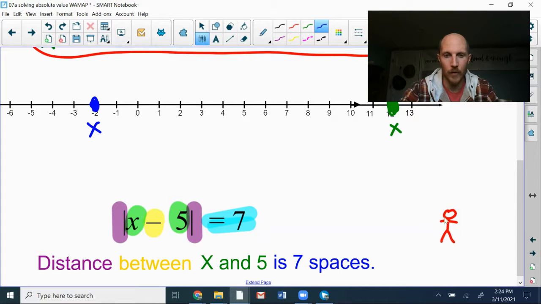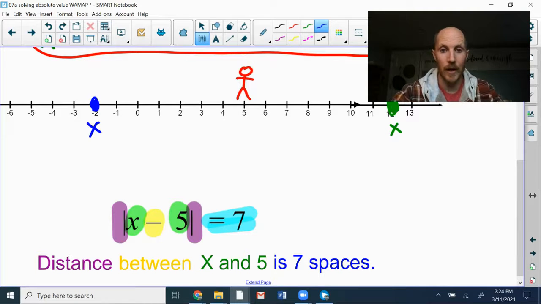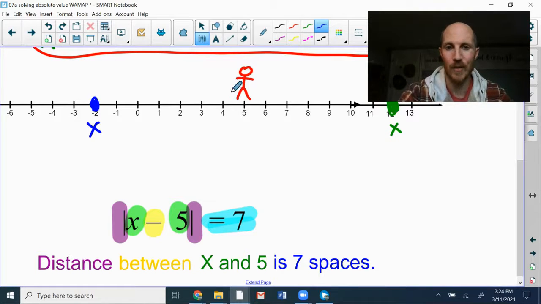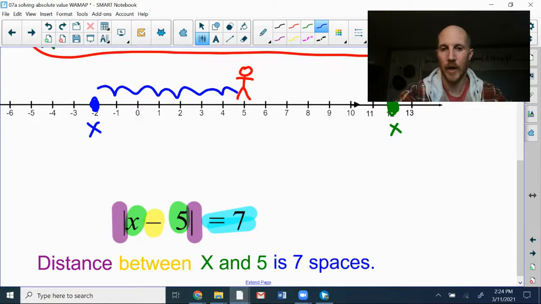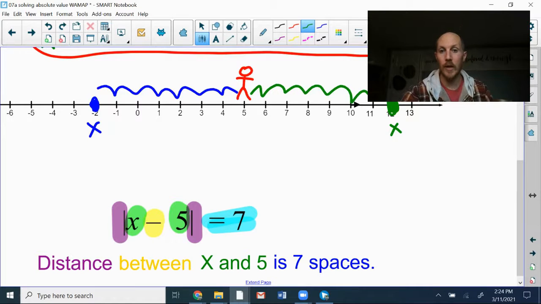So if I grab my graph walker here, bring the graph walker up and position him right at 5 on the number line, if my graph walker starts at 5 and goes 7 spaces to the left, we'll arrive at negative 2. That's one solution. And on the other hand, if my graph walker goes 7 spaces to the right, we're going to end up at 12. And that is the other solution.